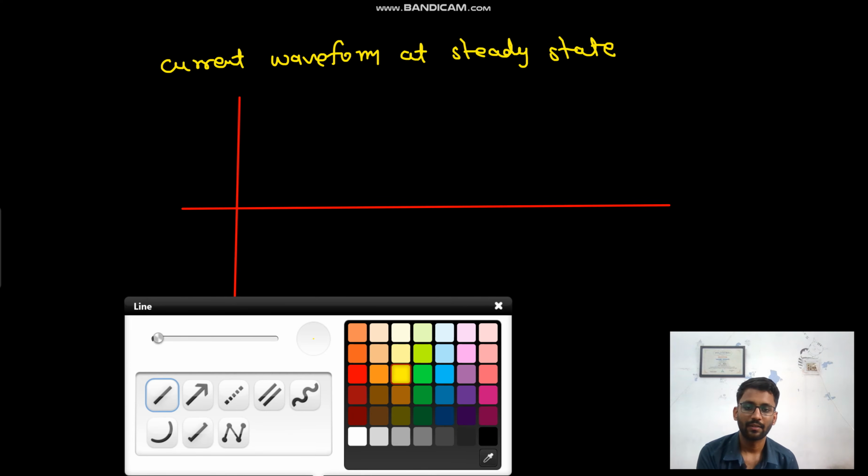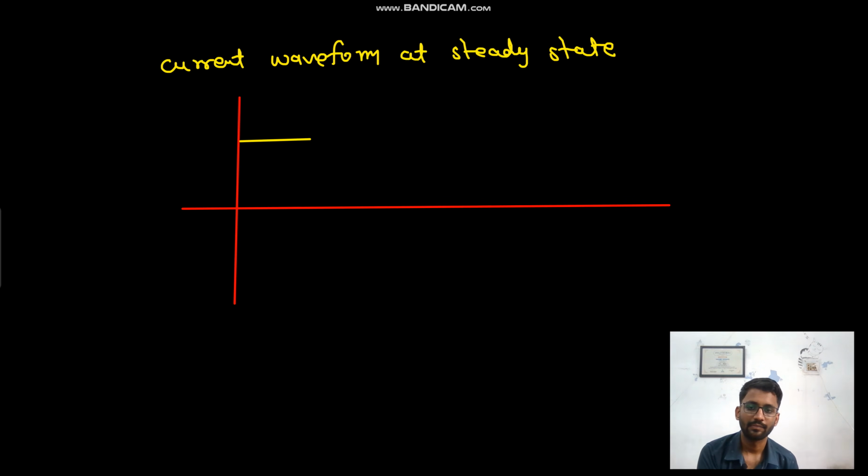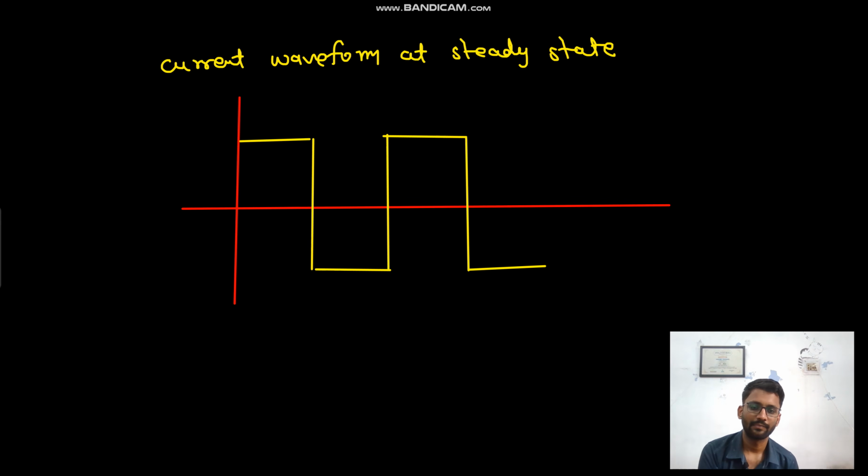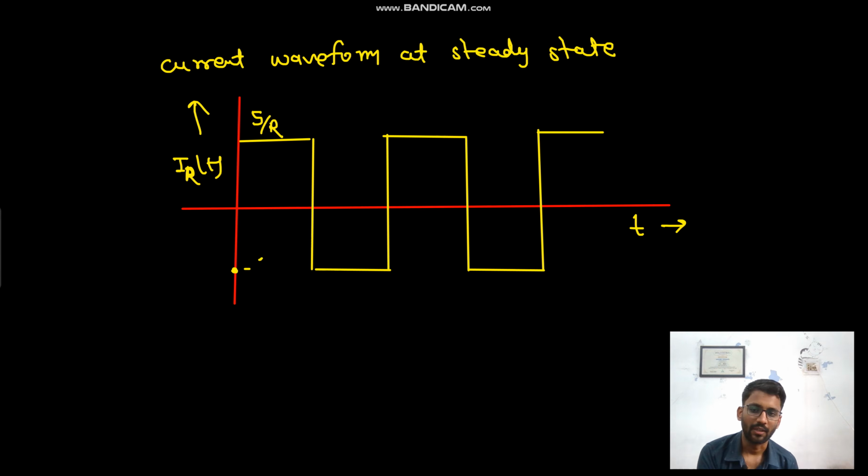First it is 5 by R, then minus 5 by R. Okay. This is T, this is I naught or IRT or whatever you can say. This is 5 by R, minus 5 by R. Okay, this is time T.